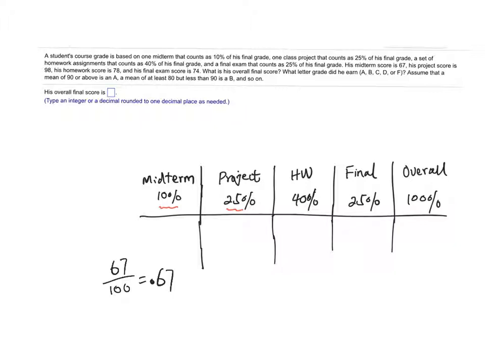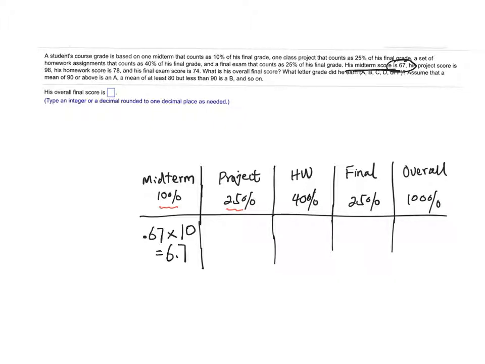So usually this is what you do: 0.67 times the weight of this category. It is 10%, so I'm going to think of it as 10 points, right? So you're getting 6.7 points for this particular category.